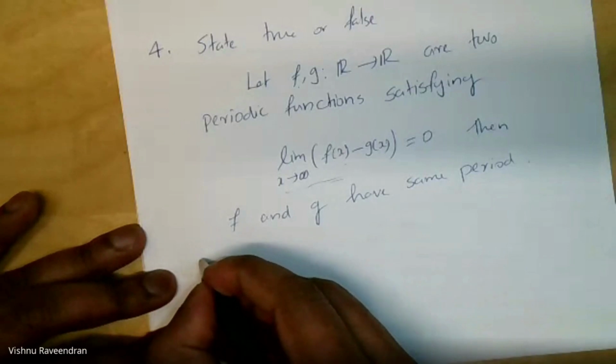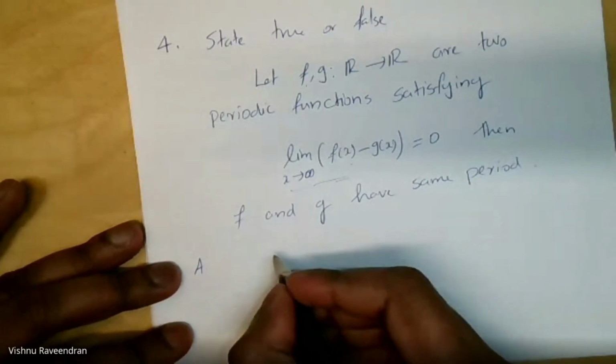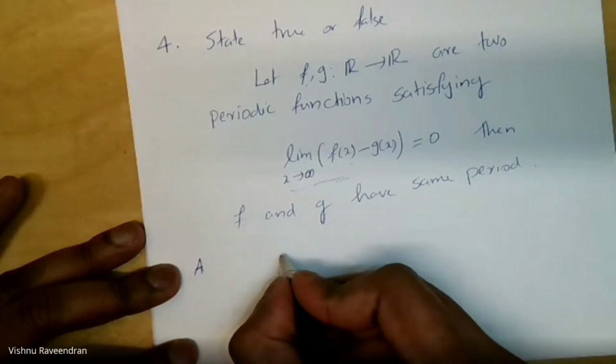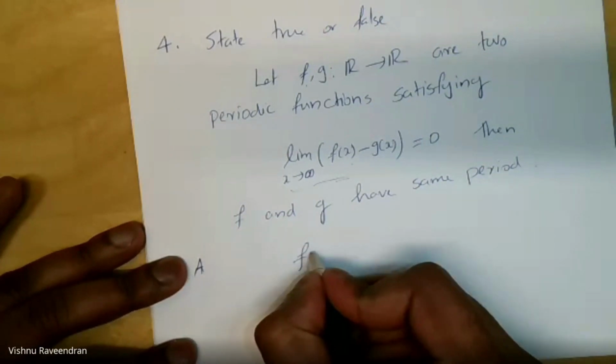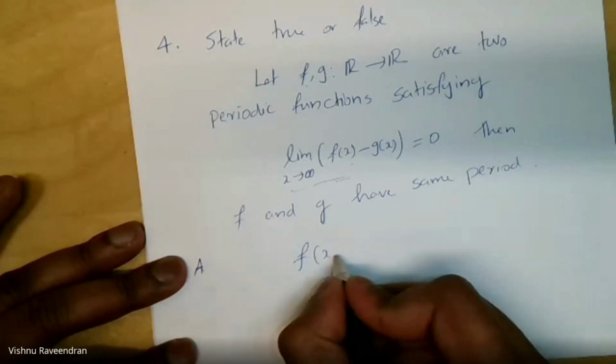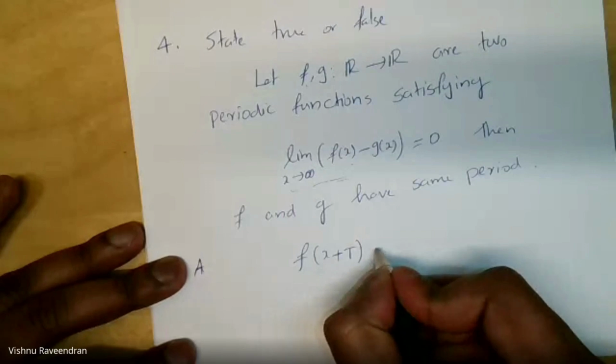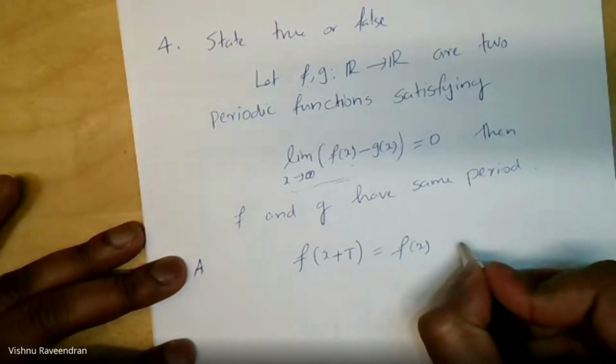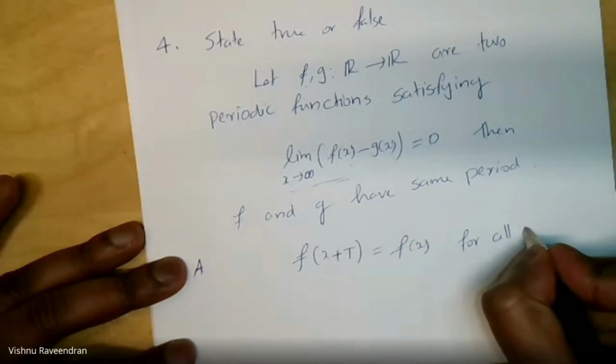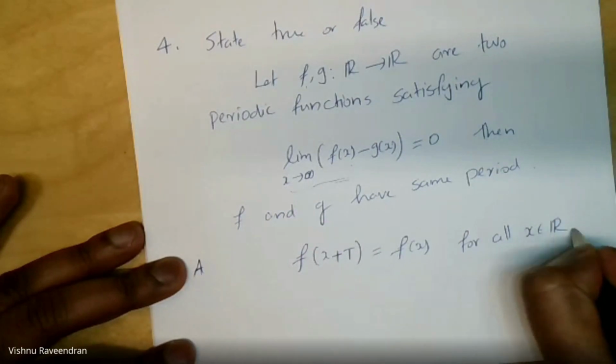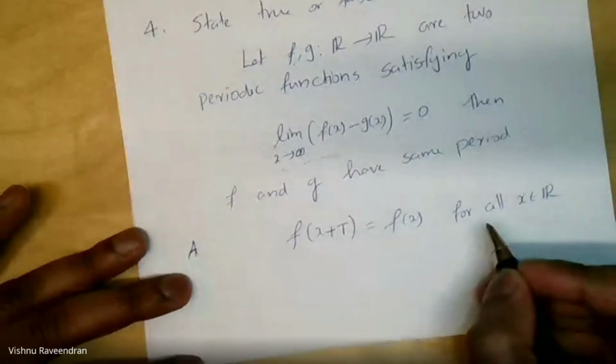Before that, for those who don't remember, a periodic function is a function where you can write f of x plus t equal to f of x for all x in R, or in the domain.